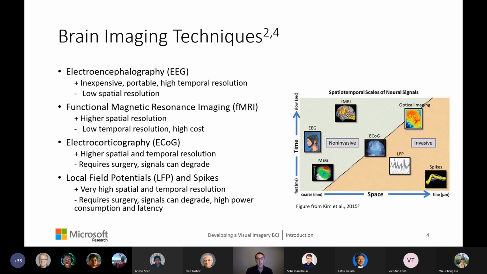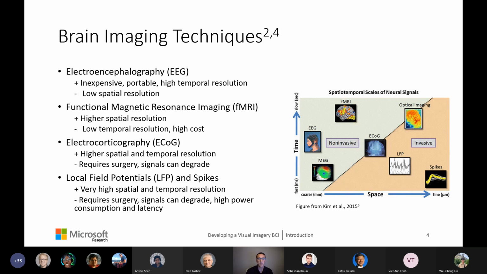Another issue with fMRI is it has a pretty big delay because it's an indirect measure of brain activity. With EEG, you're measuring the electrical potentials of the neurons directly, but with fMRI, you're measuring changes in oxygenated blood flow into an area of the brain. Once a region of the brain becomes activated, the body has to feed that area with additional oxygenated blood.